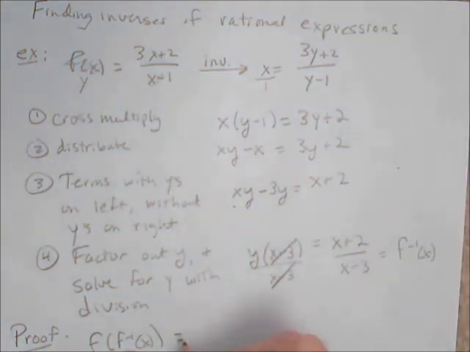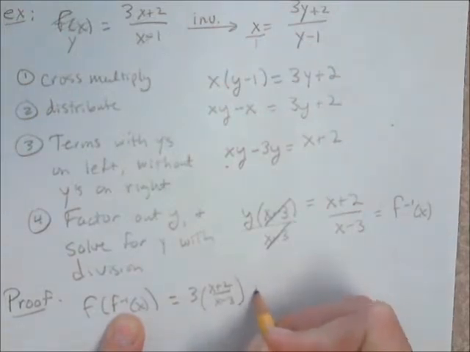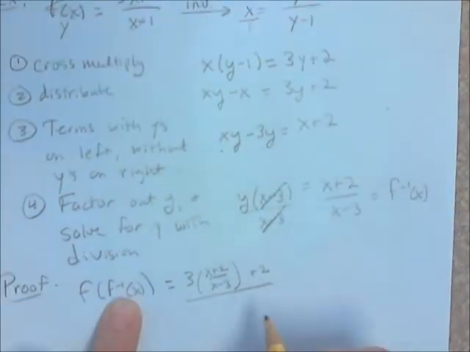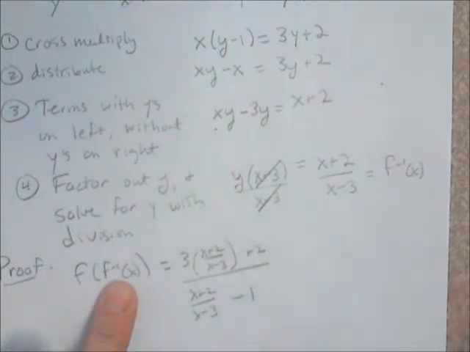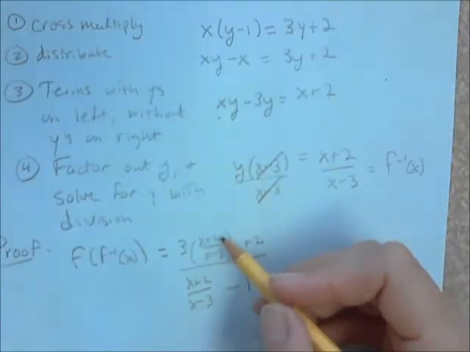So that becomes 3 times x plus 2 over x minus 3 plus 2, all over x plus 2 over x minus 3 minus 1. And to simplify this complex fraction, we find the LCD.